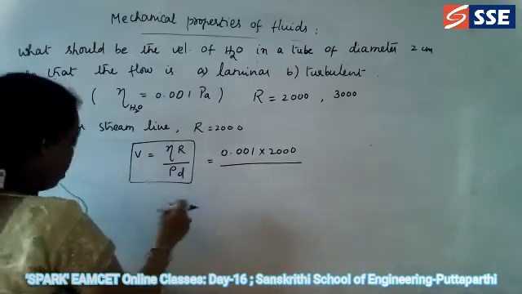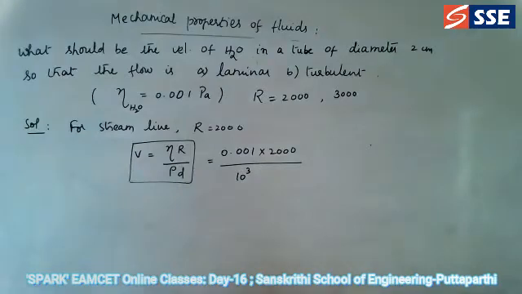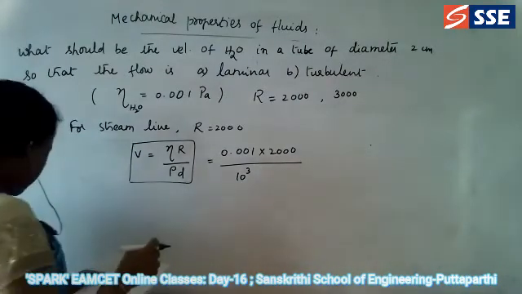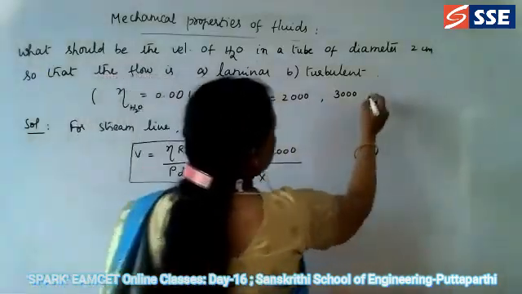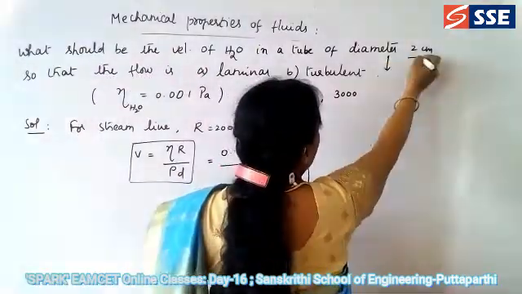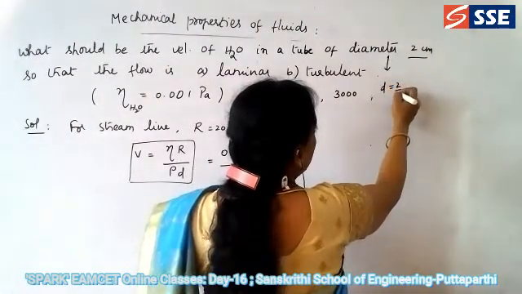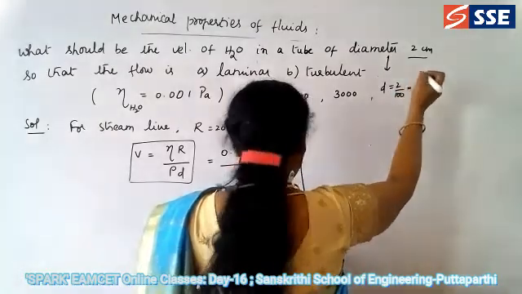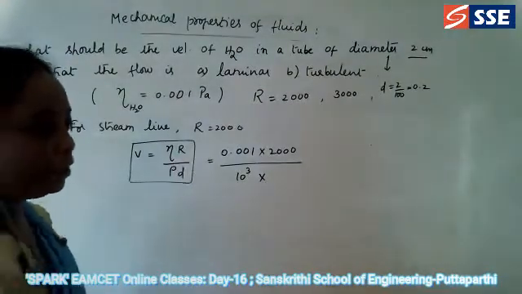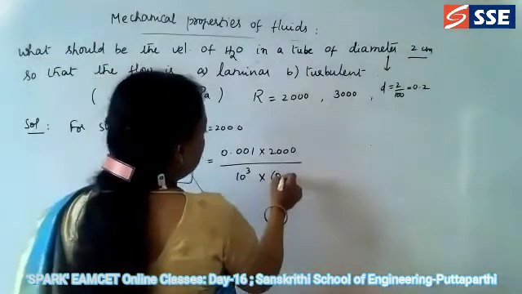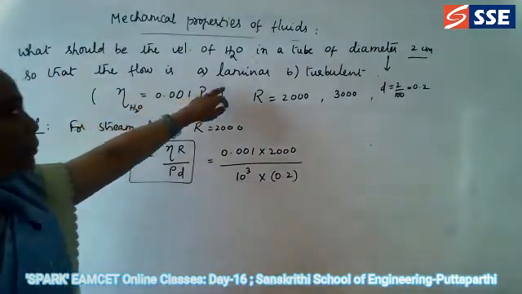The density of water is 10 cube. If it is not given in the problem, you have to consider this as 10 cube. D is the diameter, 2 centimeters, which is converted into meters by dividing by 100. So the diameter is 0.02. Calculate and tell me, what is the velocity of water in case of laminar flow?